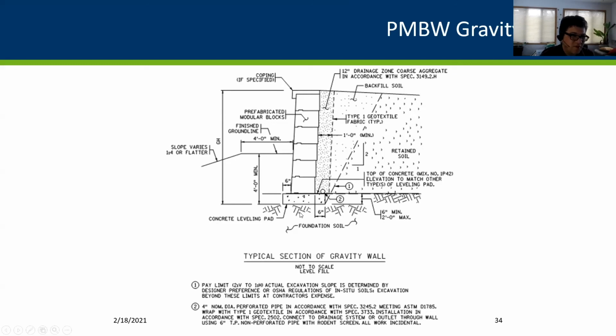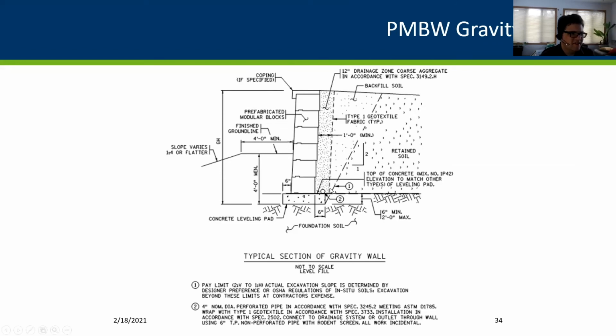Most often it will be wider than 2-to-1. And so you have that retained fill. It also will drain out through this aggregate layer. And then we have this 4 feet shelf in front of these walls, typically, that will be seen.